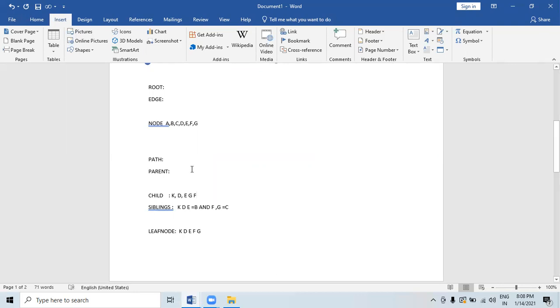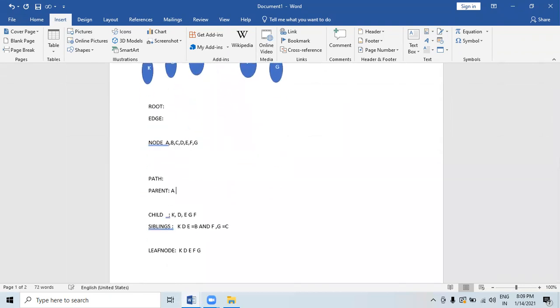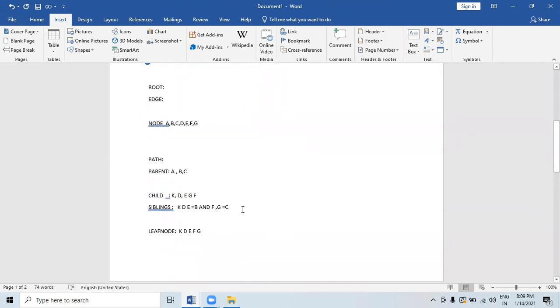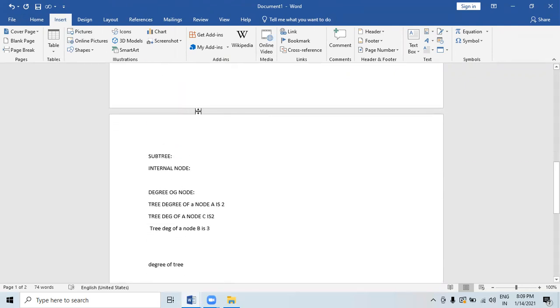Then parents are A, B, C. You can say A is the parent of B, C. Then B is the parent of K, D, E. Then C is the parent of what? C is the parent of F and G, right? Then subtree is not there here now.